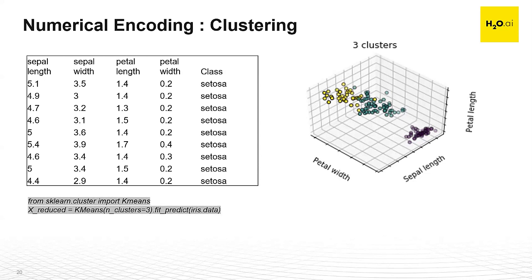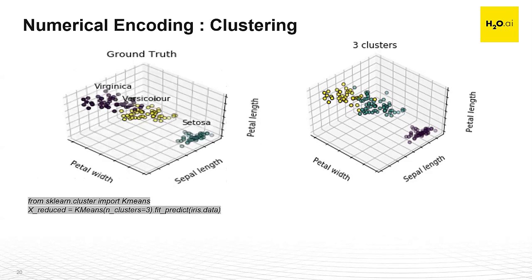So it tells you that a single row in the data belongs to one of these clusters without knowing the actual class. And if I plot the actual class against these 3 clusters, you can see how similar they are. This is actually very close.